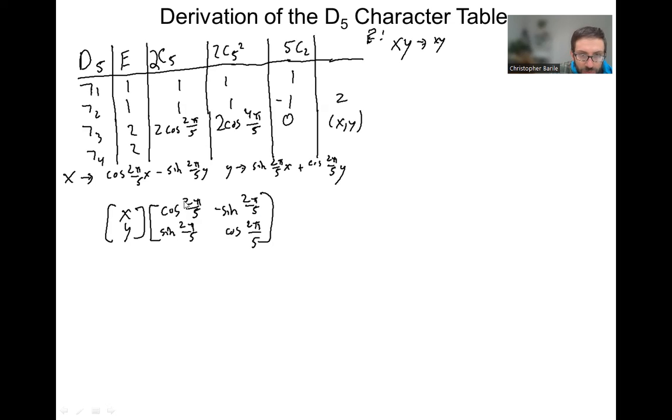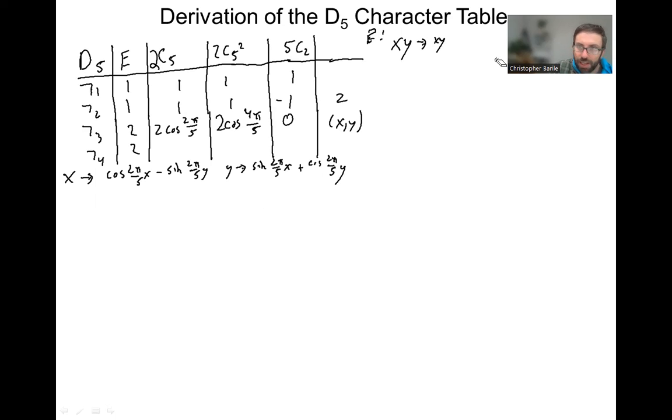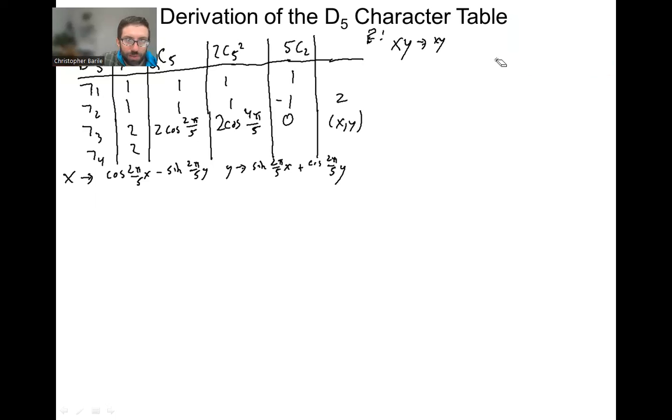That's just going to be helpful for us to have written down. So now I can erase this, and you'll see why hopefully in a second. And to give even more space, I'm going to move myself up over here, temporarily blocking our character table.